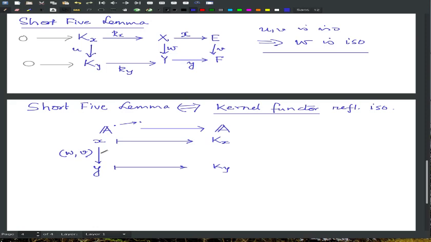Now you see, given this W and V, this U is immediate. Why? Because you told me this is commutative.